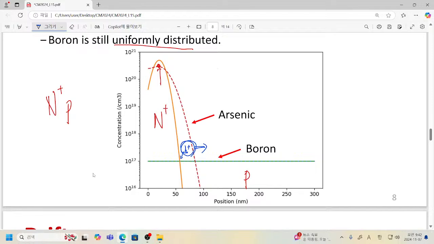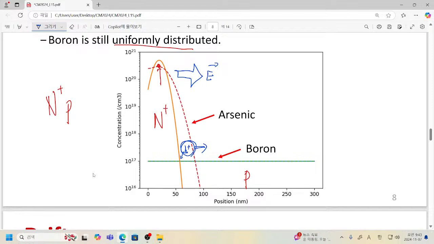So the force exerted on this additional hole originates from the electric field. It means that here we have a strong electric field in this case. So that is the key.